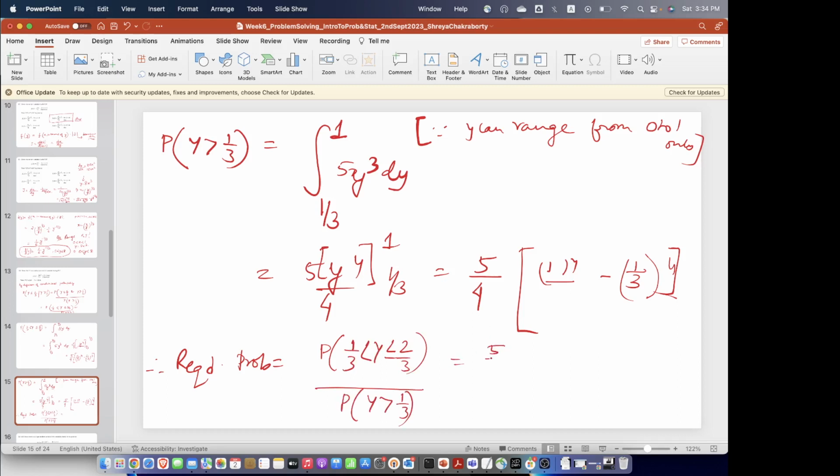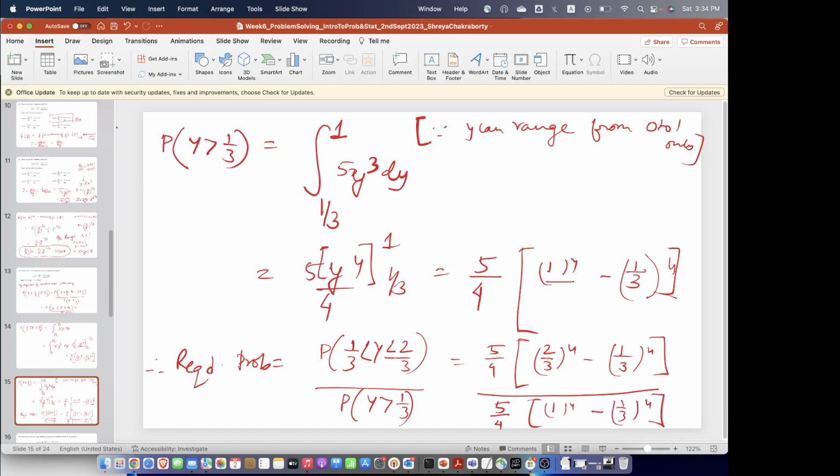That is 5 by 4 times 2 by 3 to the power 4 minus 1 by 3 to the power 4, divided by 5 by 4 times 1 to the power 4 minus 1 by 3 to the power 4.